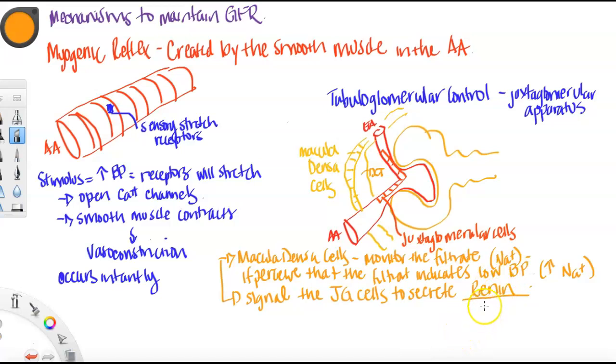So renin is like a hormone, and it goes into the blood, and what it does is it reacts to some special plasma proteins. So renin will react with a plasma protein called angiotensinogen.